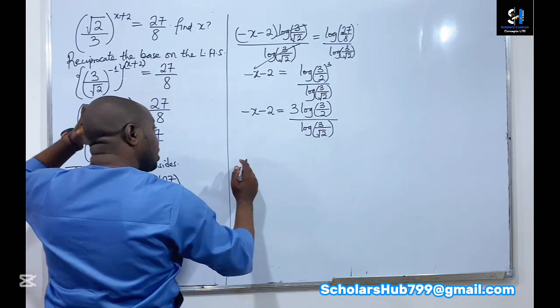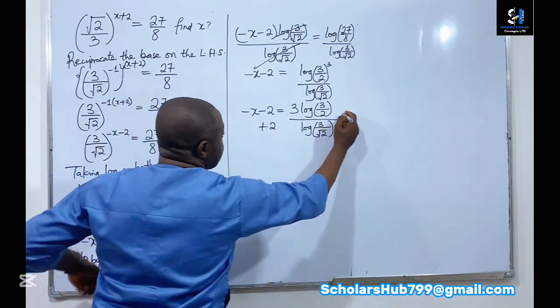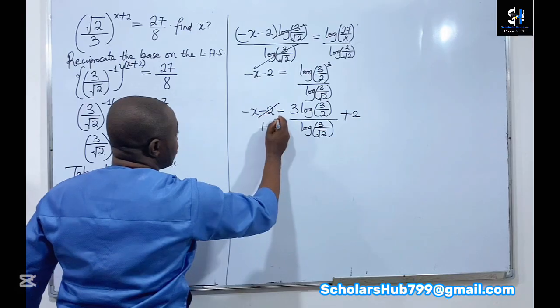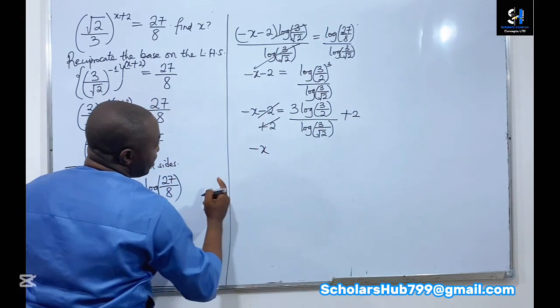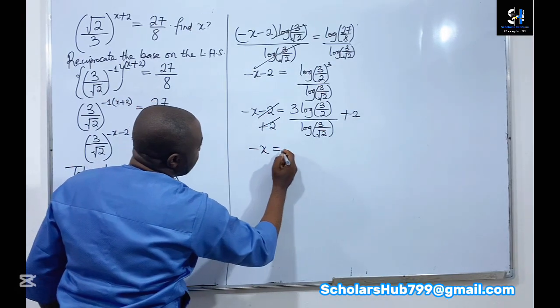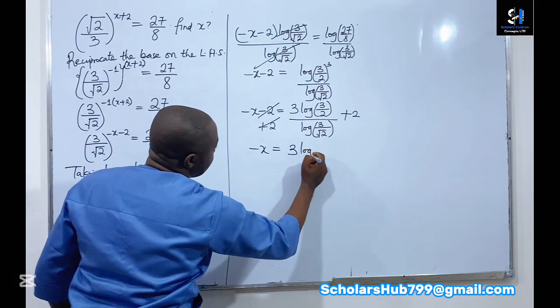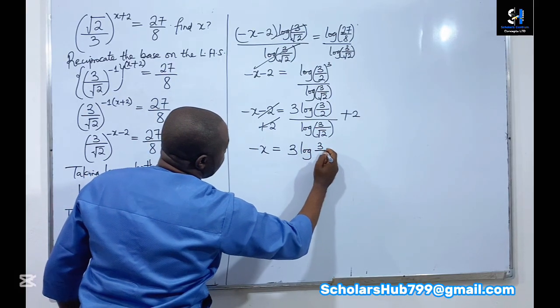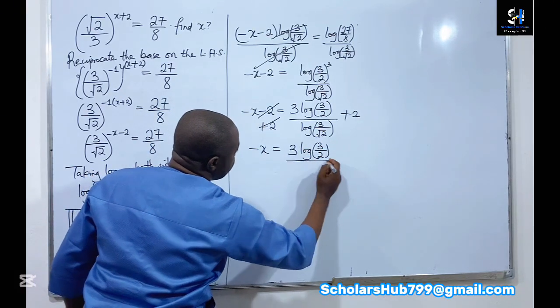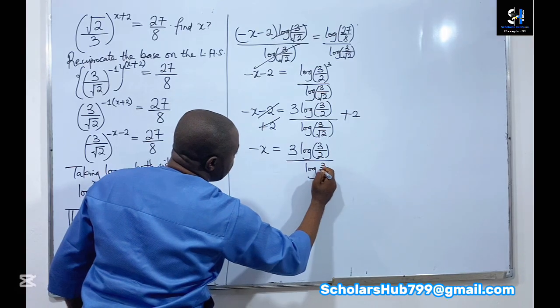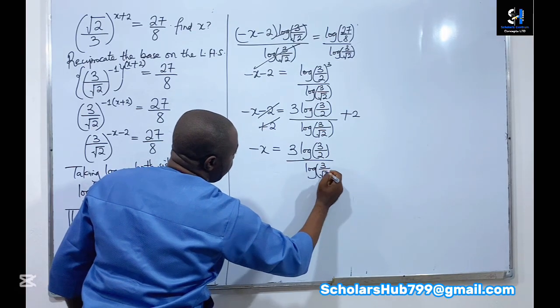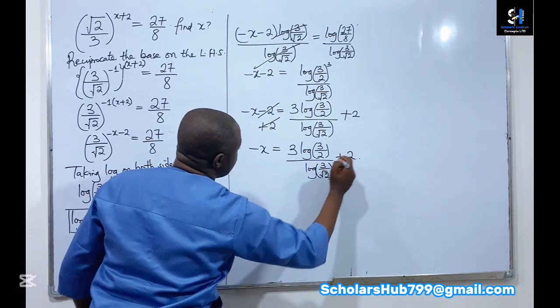Now let me add 2 to both sides. Minus 2 plus 2 is 0, so the left hand side will be minus x, equals 3 log(3/2) divided by log(3/√2), plus 2.